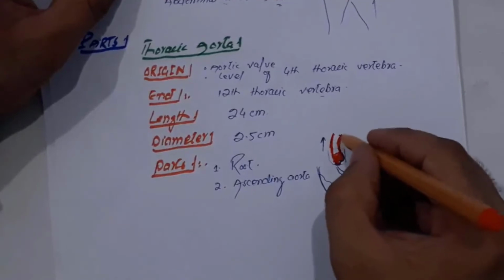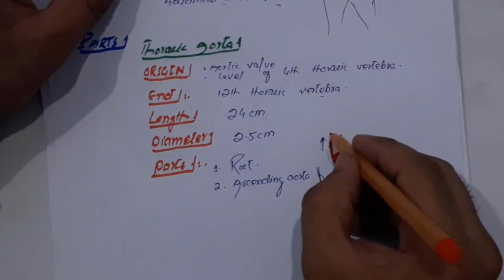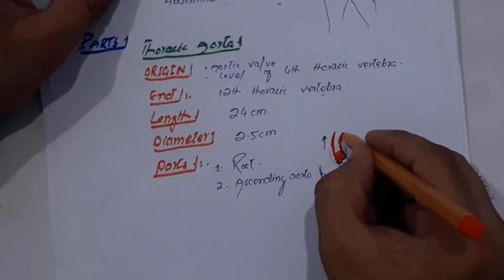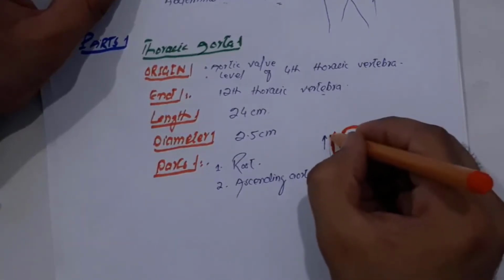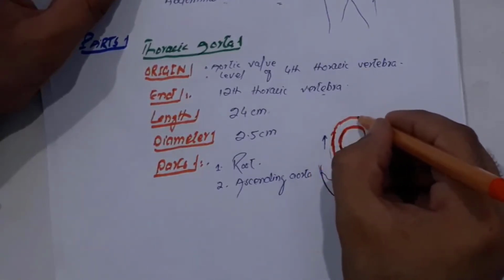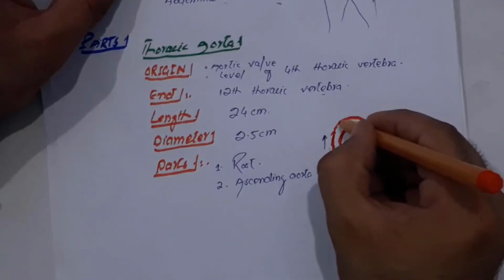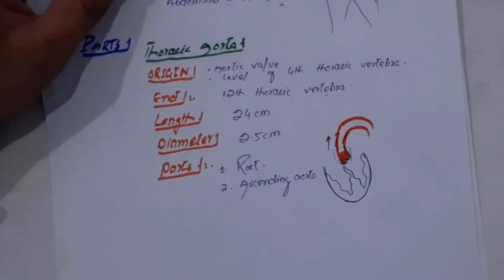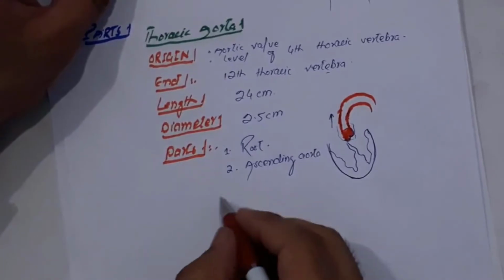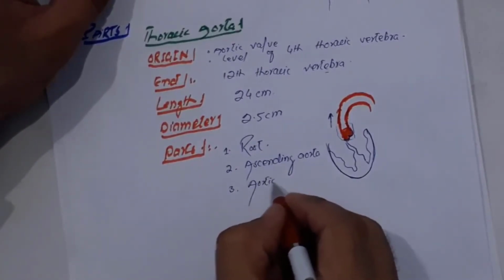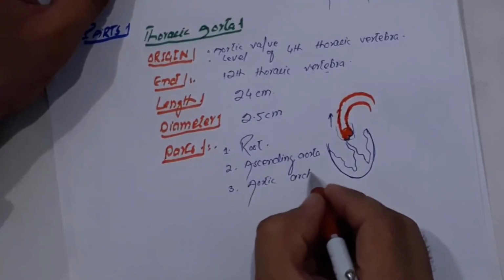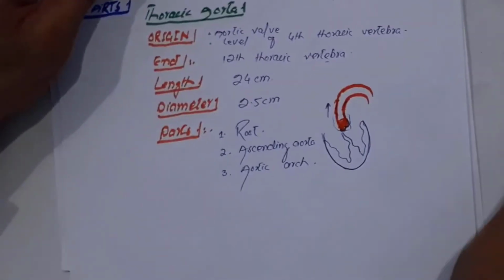Next, from where the ascending aorta ends, there is a curve. So this curved part is called the aortic arch. The third part is the aortic arch, or we can say arch of the aorta.